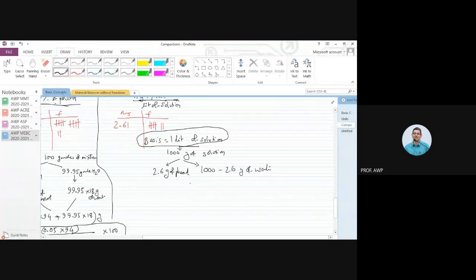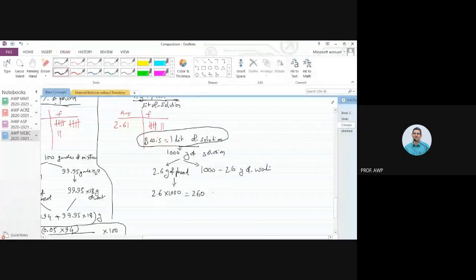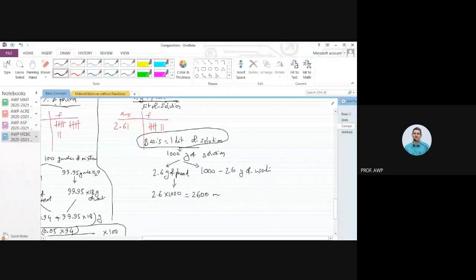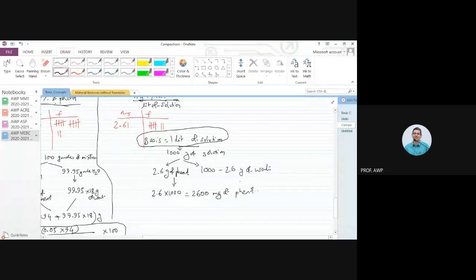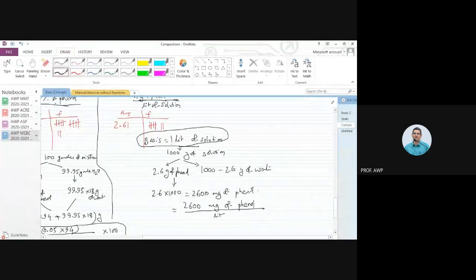In terms of milligrams, it will be 2.6 into 1000, which is 2600 milligrams of phenol. So what do I want? Milligrams per liter. So this would be 2600 milligrams of phenol per liter of solution, because my basis was 1 liter.